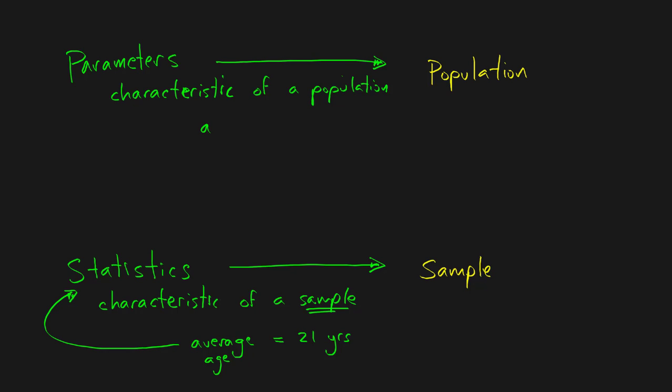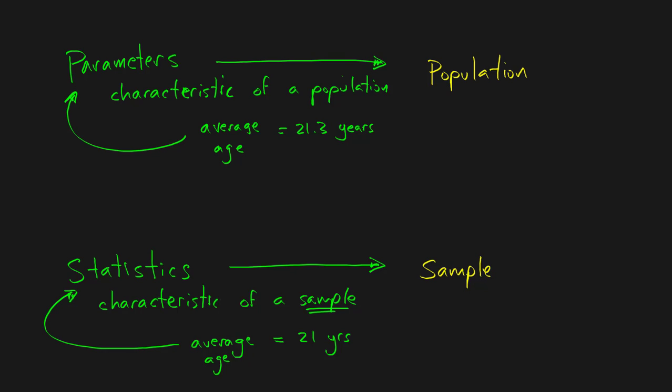Then you could still get an average age. It won't necessarily be the same number. Let's say that it ends up being 21.3 years. Now, what is this average age? Well, because it describes the characteristic of the entire population, it's called a parameter.